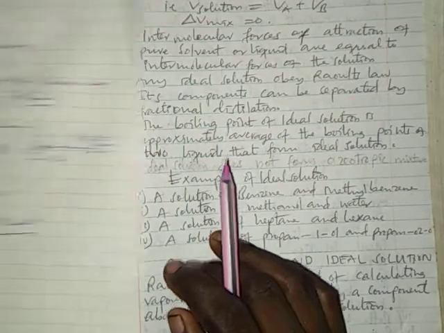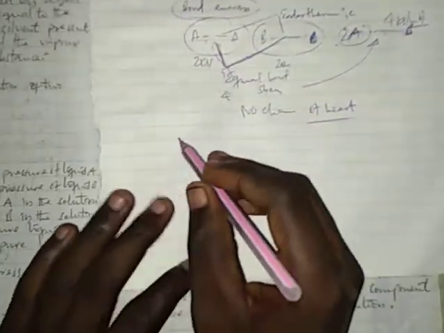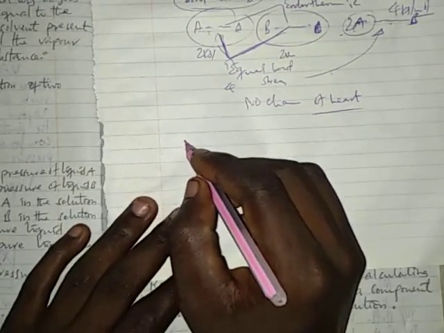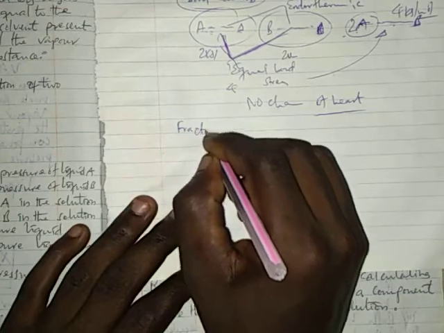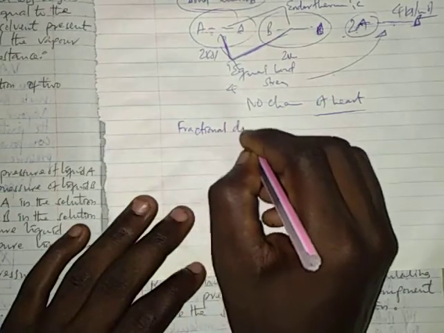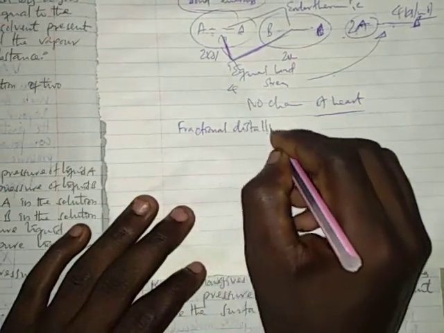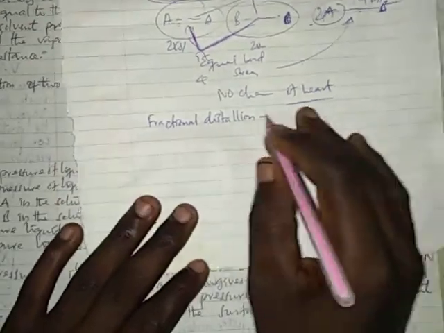Simply, fractional distillation is the method of separating mixtures on the basis of the difference in the boiling points. I know we studied it in Form 1, but Form 1 we shall forget.